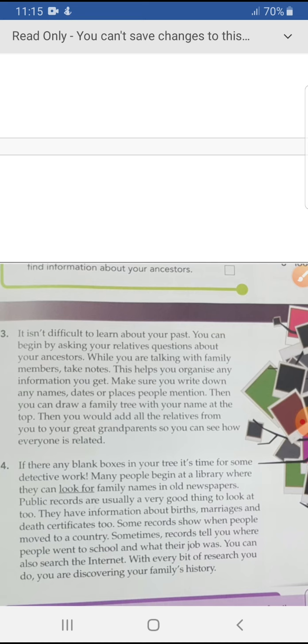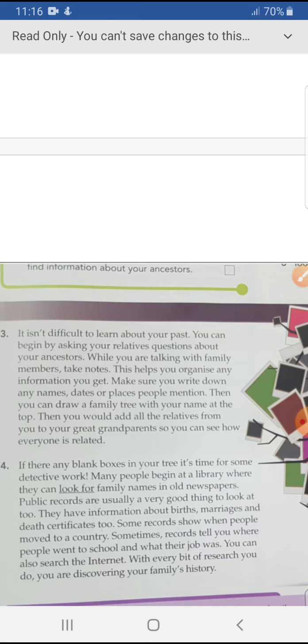If there are any blank boxes in your tree, it's time for some detective work. Many people begin at the library where they can look for family names in old newspapers. Public records are usually a very good thing to look at too. They have information about birth, marriage, and death certificates.